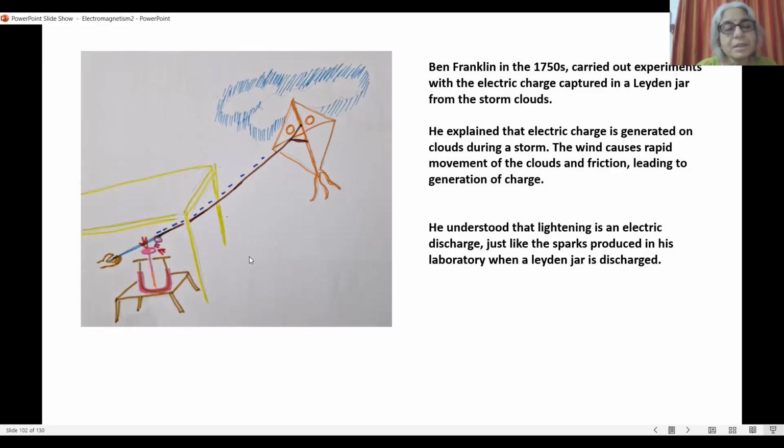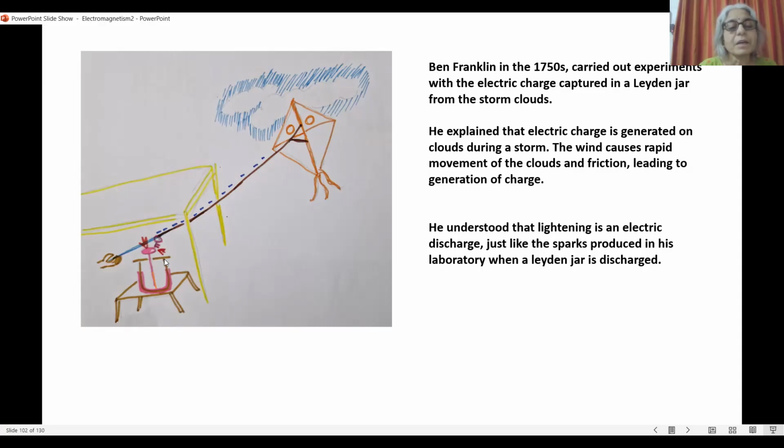But he was dry, and the last bit of string which he was holding was also dry. So the charges did not reach him. He did not get electrocuted. He did not get a shock. But he had tied a metal key to the end of this string. So the charges came all the way to the metal key.